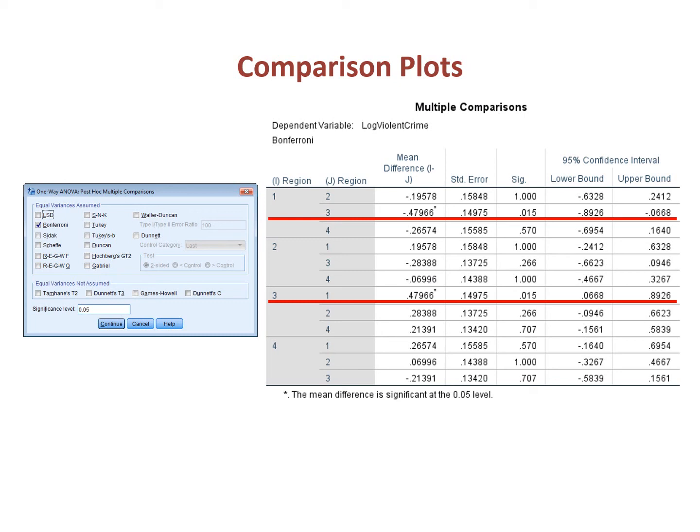To use this approach, we must select one of the algorithms used to help to determine the difference. Here I use the Bonferroni approach, which is a commonly selected approach when variances are established as equal by the Levene's test. In our analysis, we learned that the only regions with statistically significant differences are the Northeast and South. These differences appear twice, once in the results for region 1, the Northeast, and once in the results for region 3, the South.